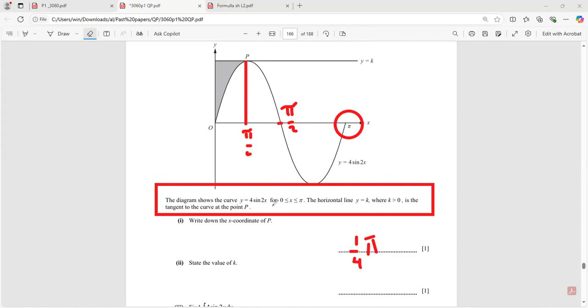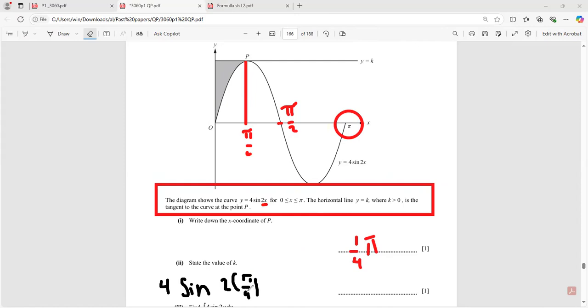So we're going to substitute x with pi over 4 into the equation. We have 4 multiplied by sine of 2 multiplied by pi over 4.